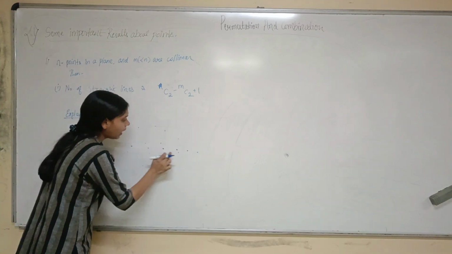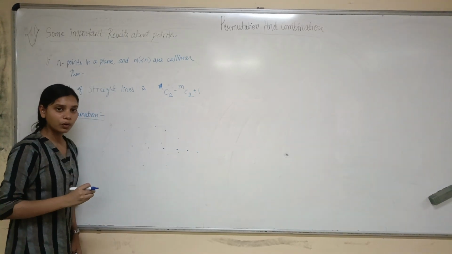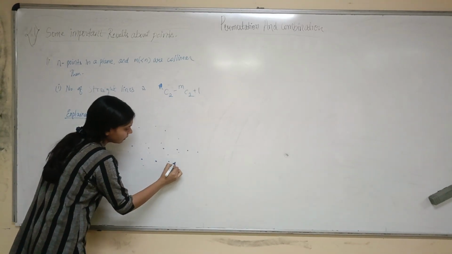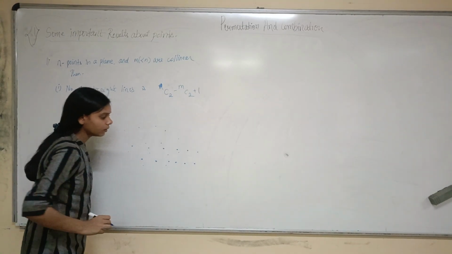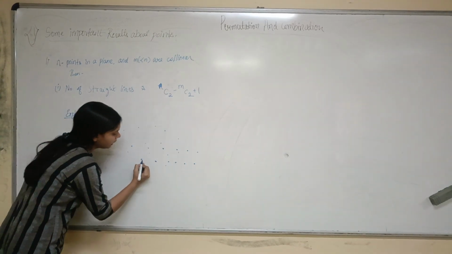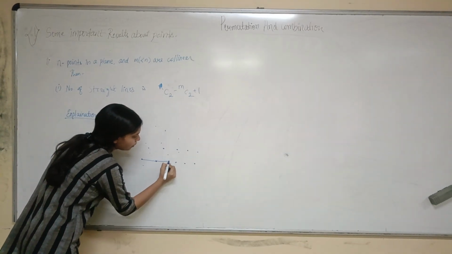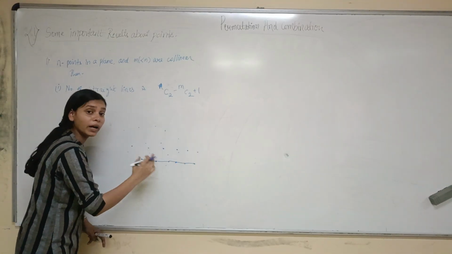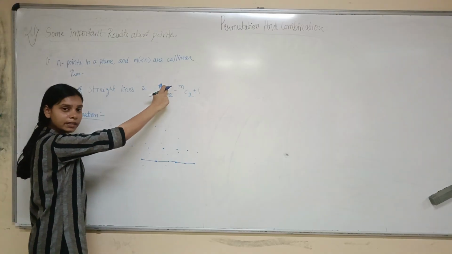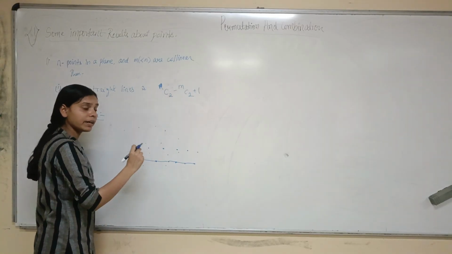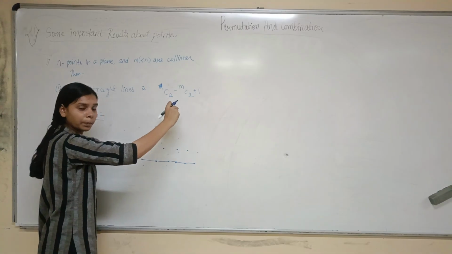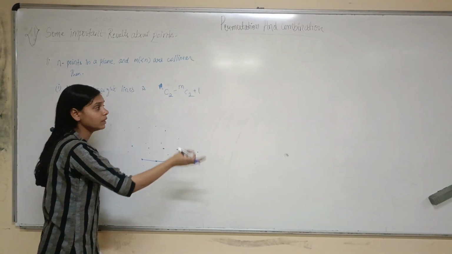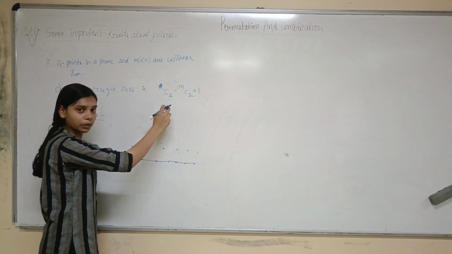Because there are m points which are collinear. Suppose 5 points are collinear, and we join these 5 points. But these 5 points are already included in nC2, right? That's why we subtract mC2. It means the straight line formed by these m points is subtracted from nC2.